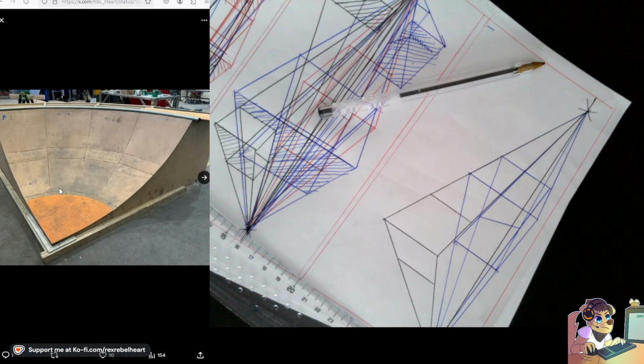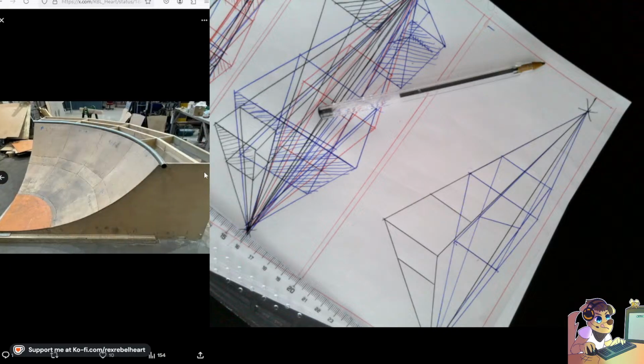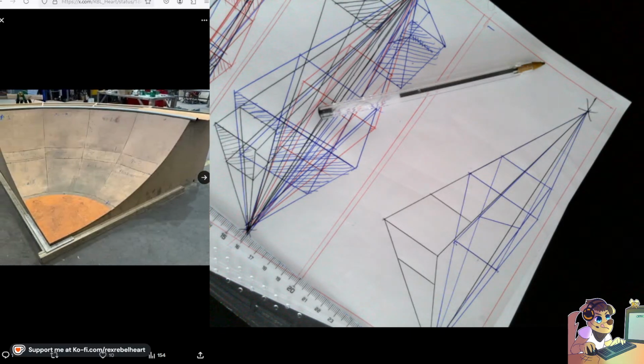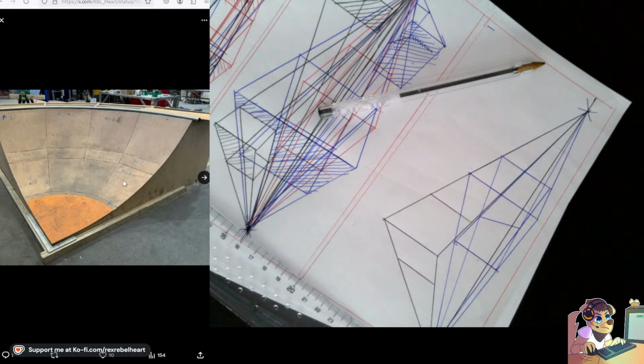So we've been dealing with shapes all day. I've been constructing a bowl for the skate park. So we're gonna smooth this out and put the skins over it. So I've been building a bowl today. So I mean, this was work.